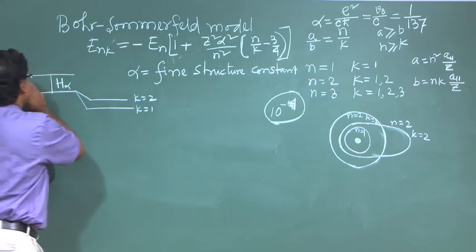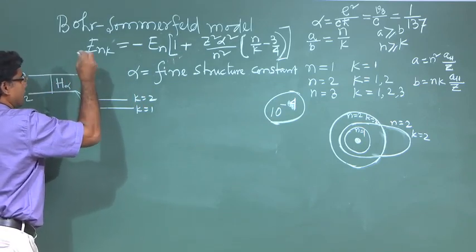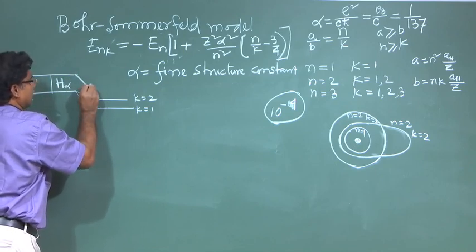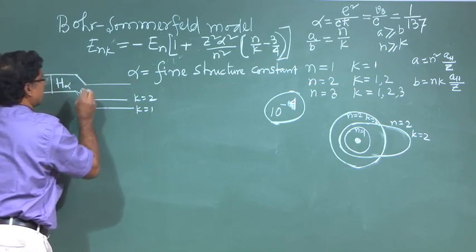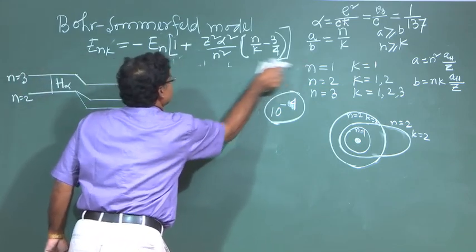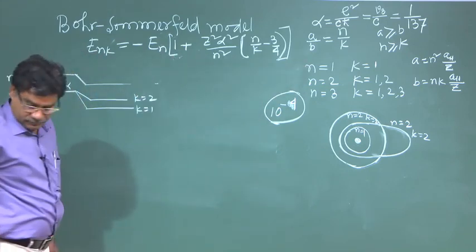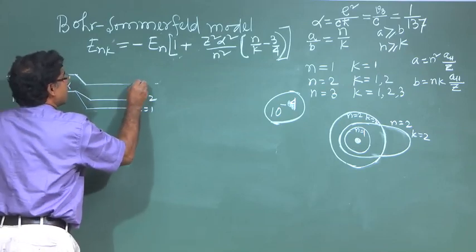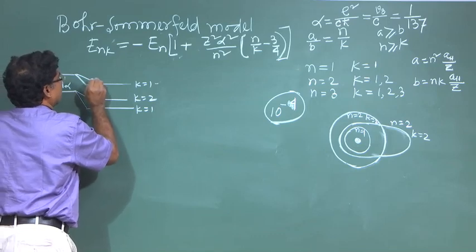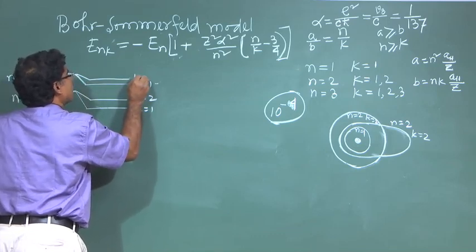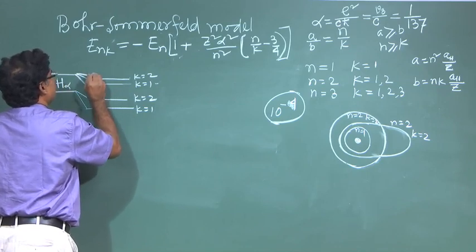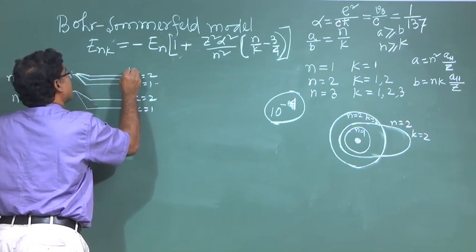Similarly, for n equal to 3, what will I get? Again I will get 3 levels: k equal to 1, then k equal to 2, then another level k equal to 3.